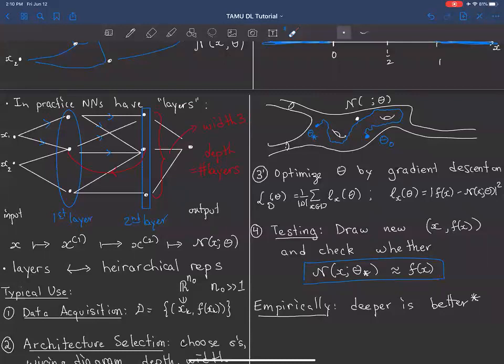Those are things that look like a sigmoid, that asymptote, let's say, to -1 and 1 or to 0 and 1 at plus and minus infinity and smoothly interpolate, or this kind of piecewise linear function. And that deeper is better, and that when you're very over-parameterized you don't have to worry about overfitting, seems to hold for both. Okay, so that's a very high-level empirical thing.